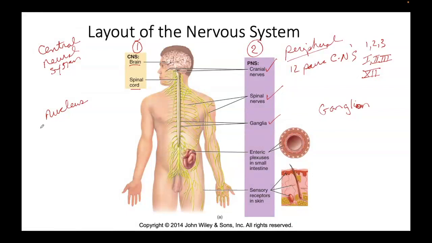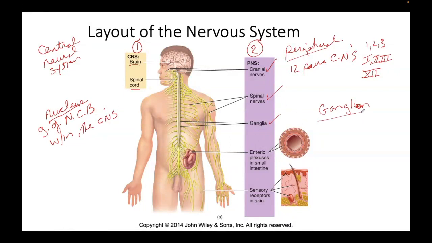A nucleus is a group of nerve cell bodies within the central neural system. So what is a nucleus? A nucleus is a group of nerve cell bodies within the central neural system.